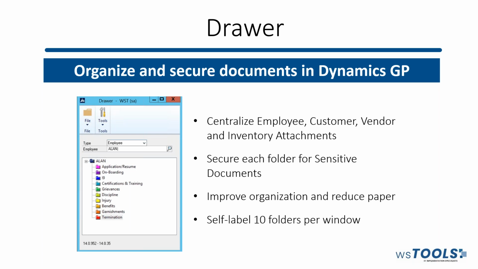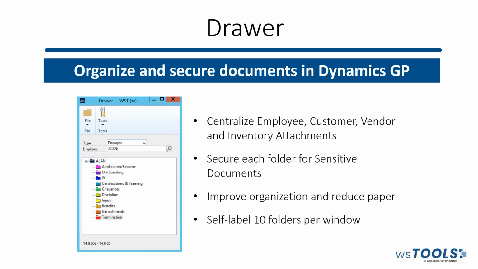Okay, so now let's talk about Drawer. The Drawer tool enhances the Microsoft GP document attachment functionality, and it provides the ability to manage your employee, customer, vendor, and inventory attachments.